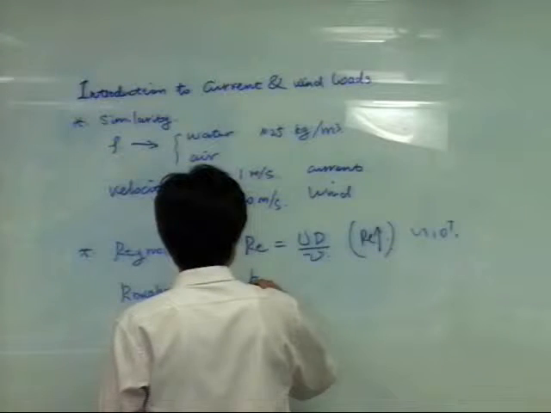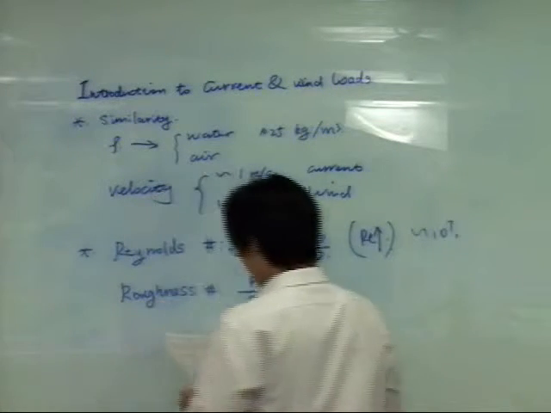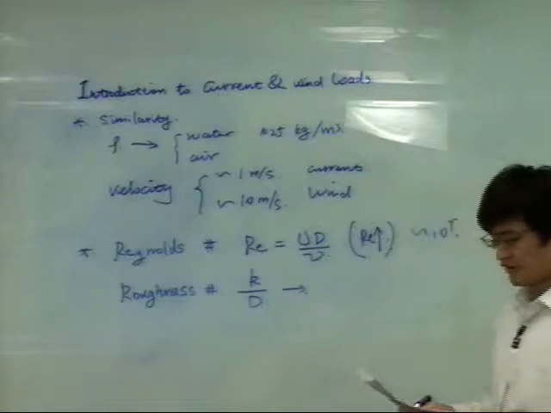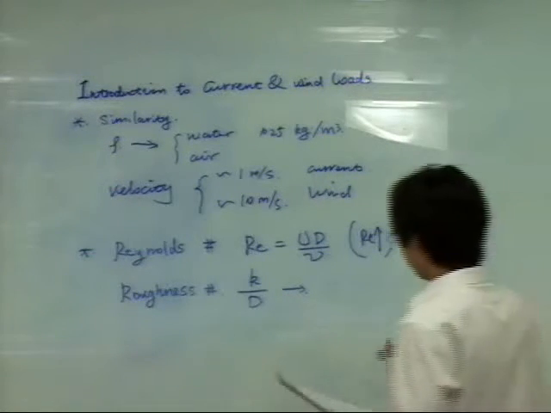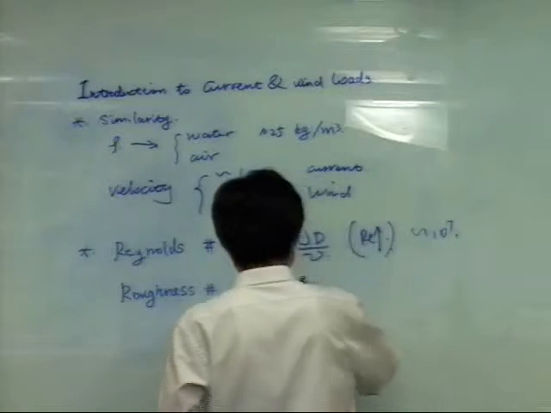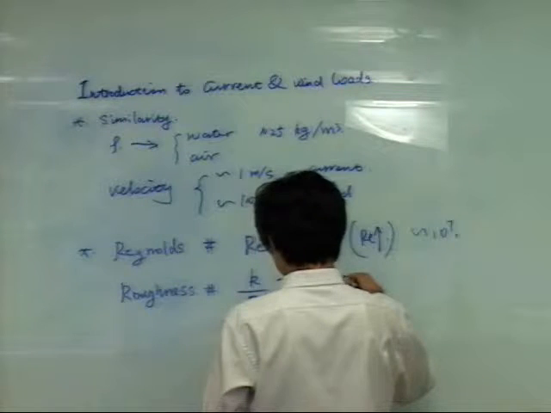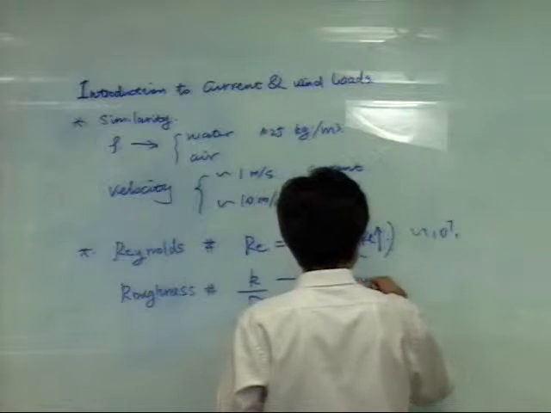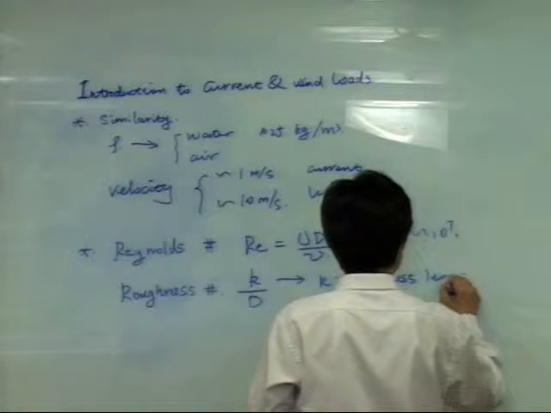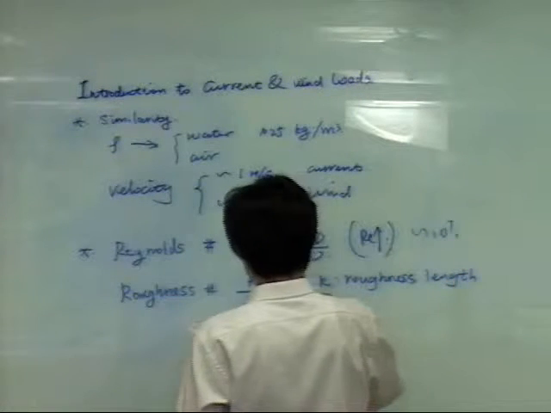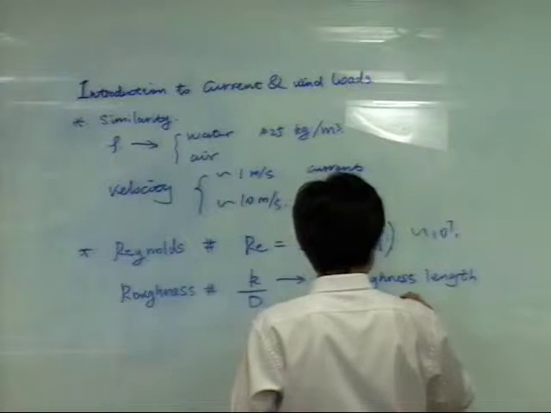It's defined as K over D. Here K is the roughness length of the structure surface.